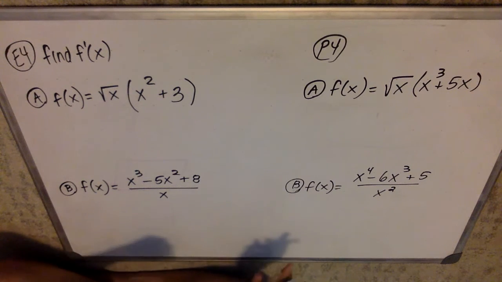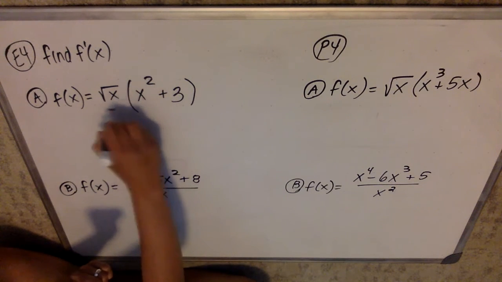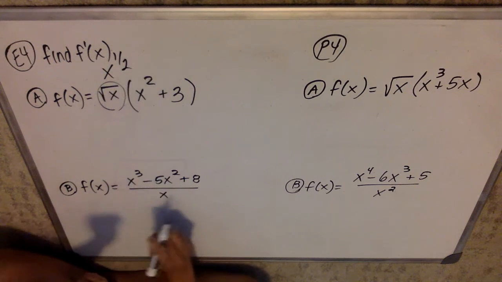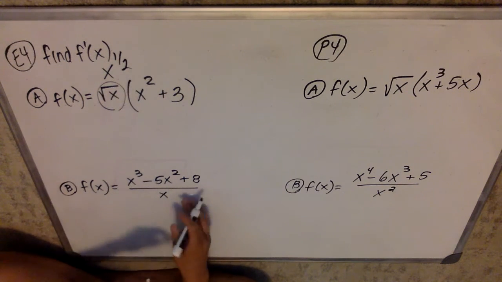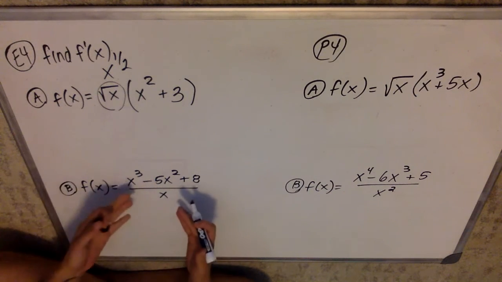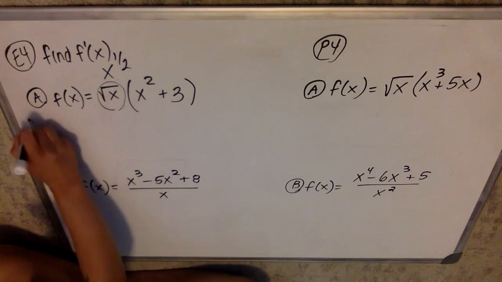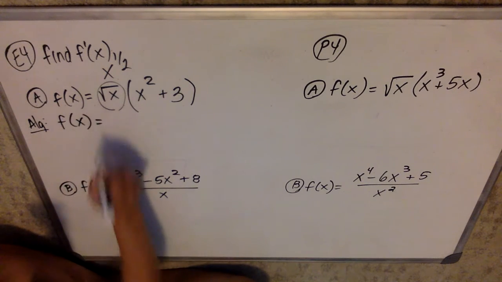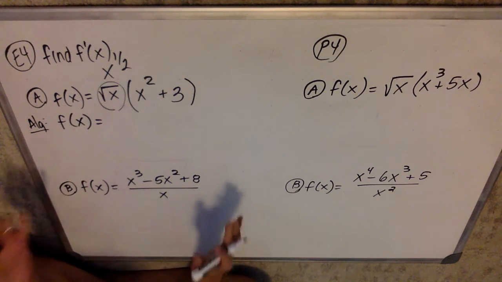Okay, so the first thing to recognize is that this square root of x is actually an x to the 1/2, right? So when I distribute that, I'm essentially multiplying everything in the parentheses by x to the 1/2. So I'm going to go ahead and write algebra first, because I'm not doing calculus yet. So I'm still going to say f of x, because it's not f prime of x, it's f of x.